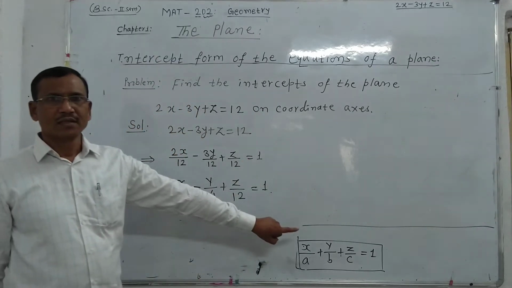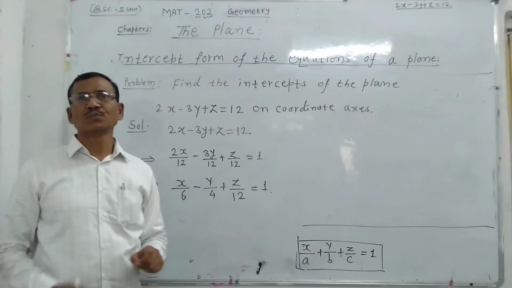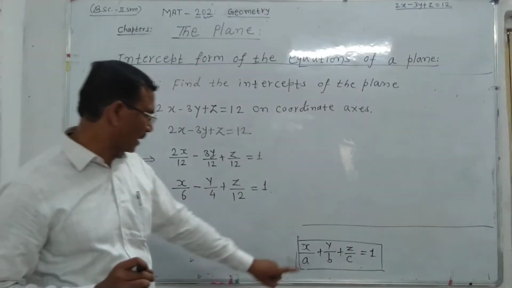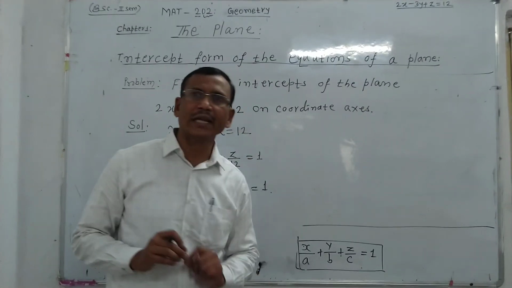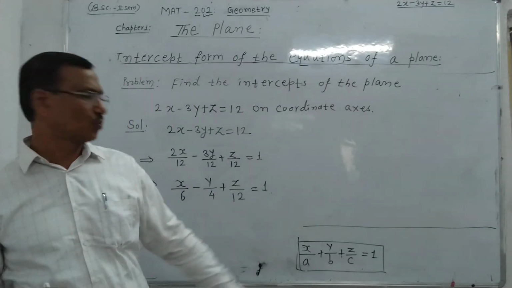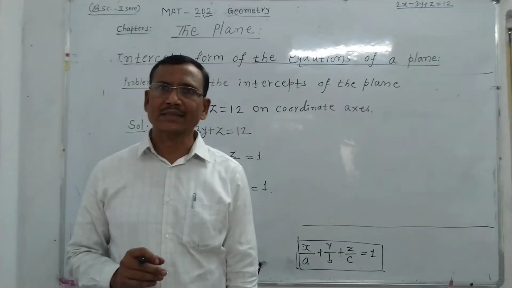Now this is the equation of the plane in terms of intercepts a, b, c. These a, b, c are the intercepts made by this plane on the coordinate axes.